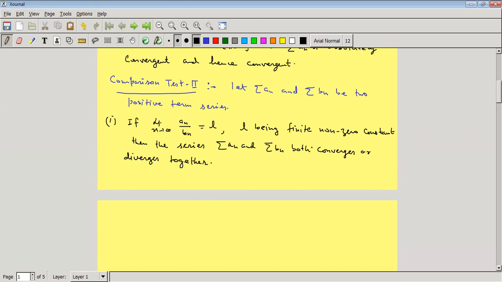So if the limit of an upon bn equals some finite non-zero number, then both the series are either convergent or divergent.